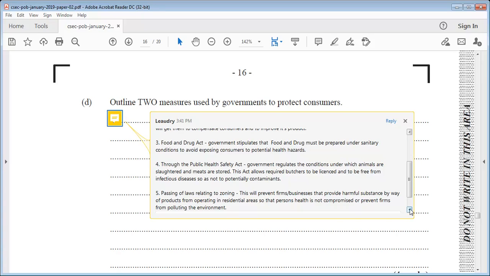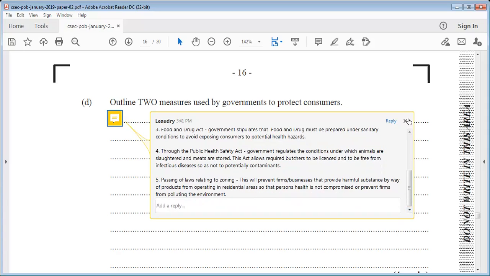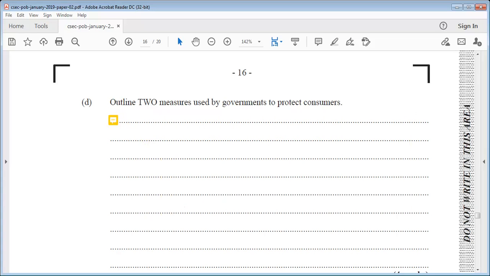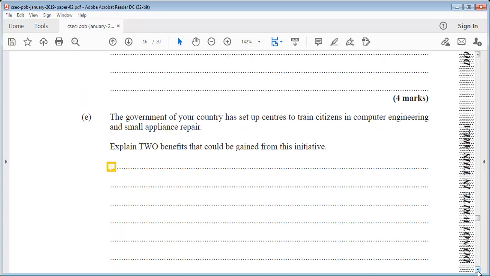So there are zoning laws that are put in place. So no business can just go in any neighborhood and just set up a business like that. So those were five. You just need to select any two from that and you will get your 4 marks.